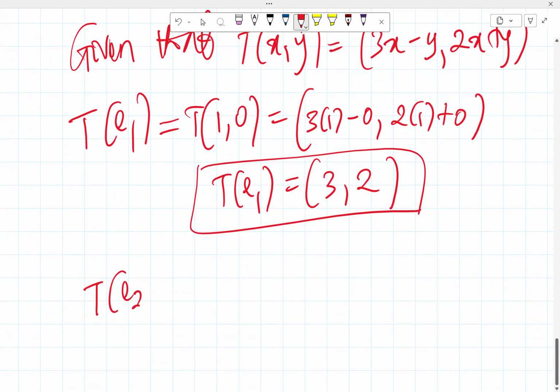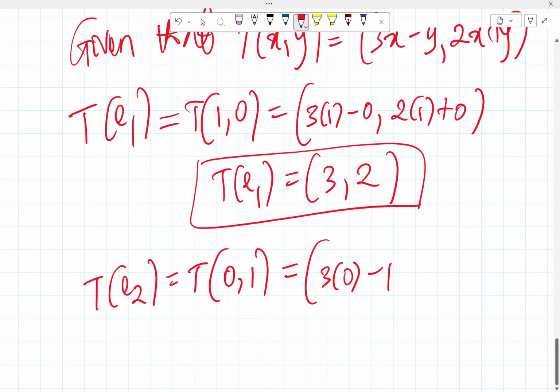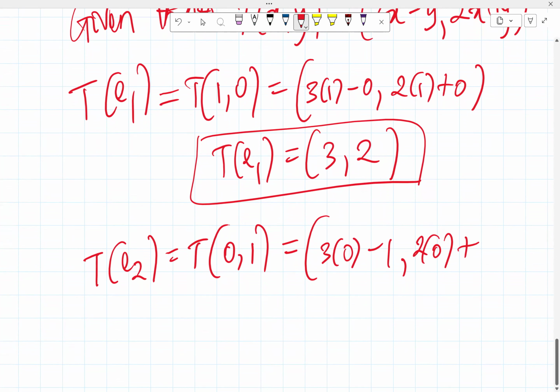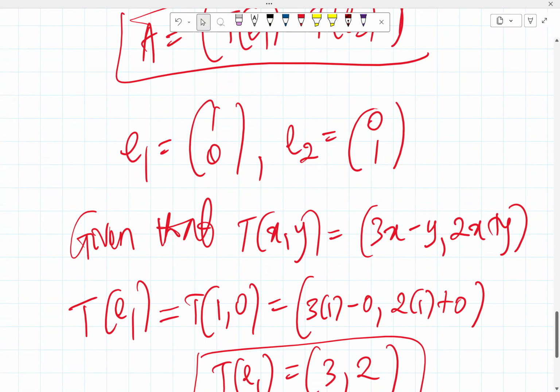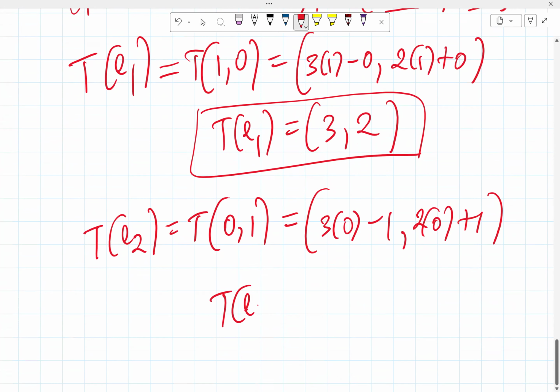Then we have T of e2, which is T of (0, 1), which is (3 times 0 minus 1, 2 times 0 plus 1). So T of e2 equals 3 times 0 is 0, minus 1, and 2 times 0 is 0 plus 1, that is 1.